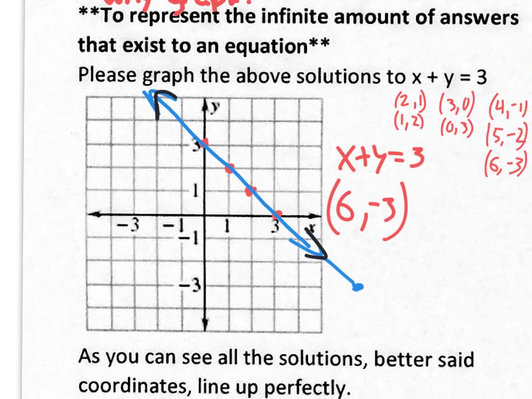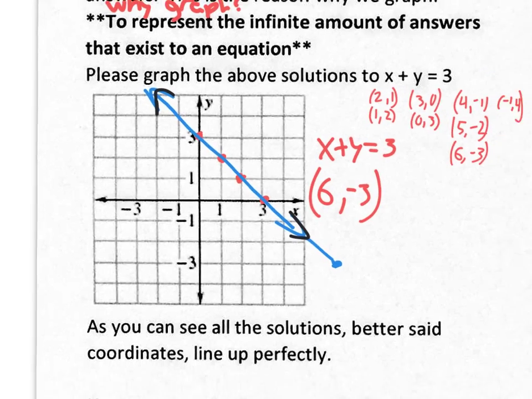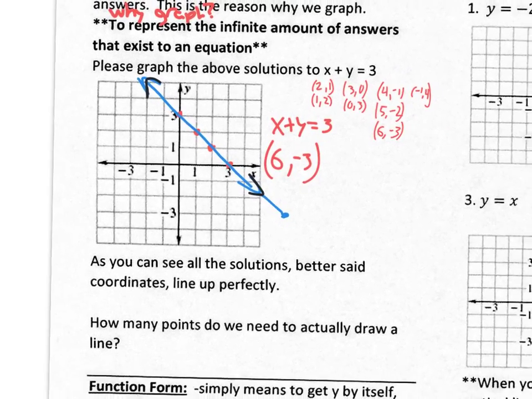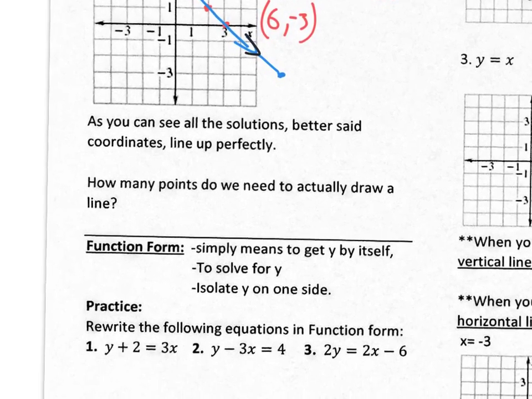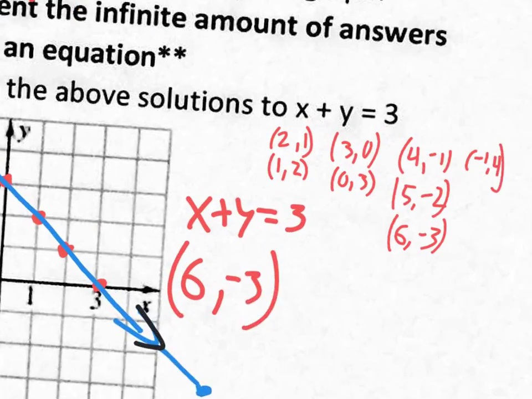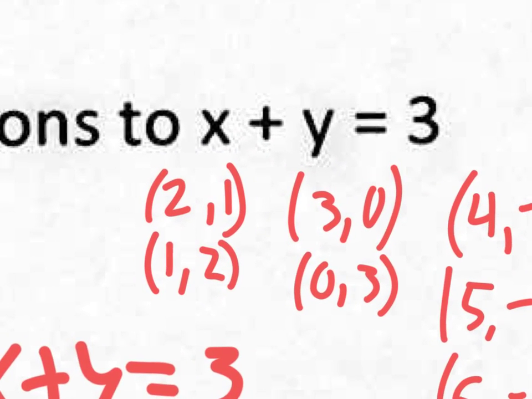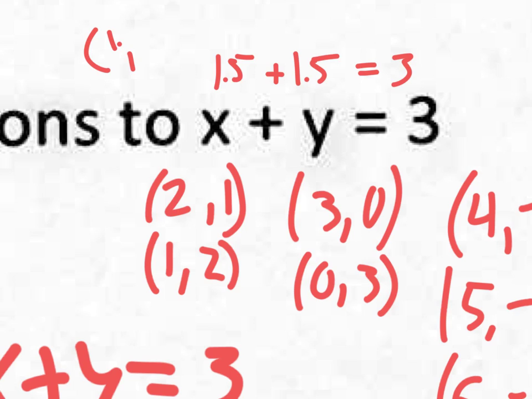Okay, so we got that basic, most important fact out of the way, that all the answers are coordinates which graph a line. Oh yeah, one more final thing. It doesn't even have to be nice numbers. It could actually be 1.5 plus 1.5. That'll also give me 3. So a solution is 1.5, comma 1.5.